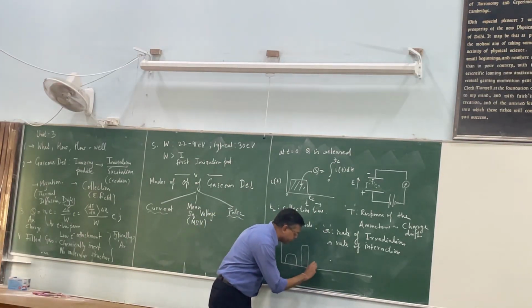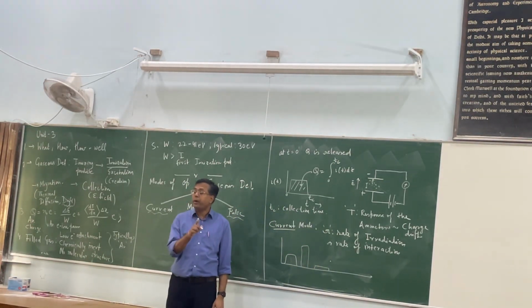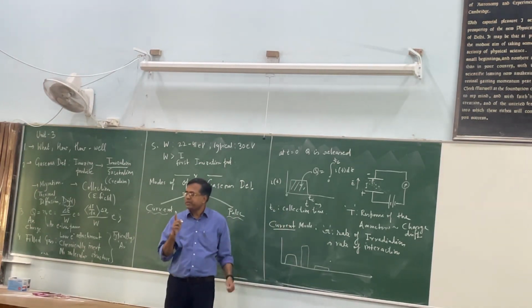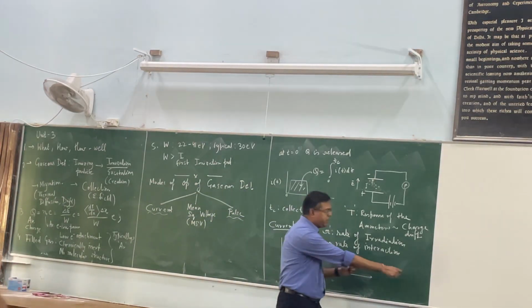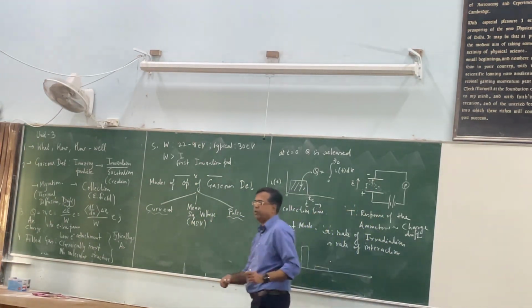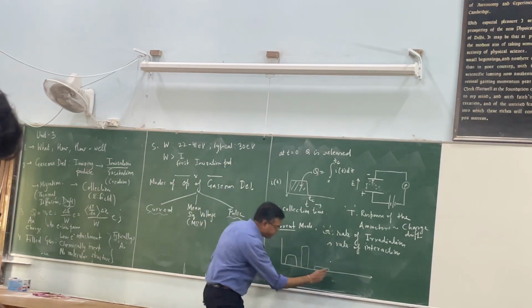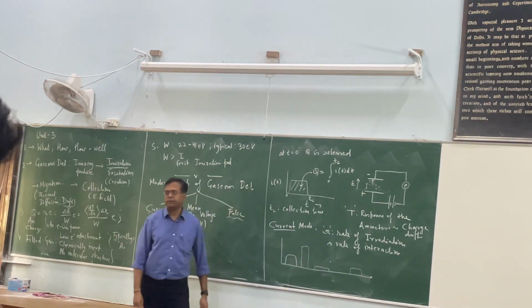Another may be doing this. This is pulse to pulse variation. When I say average charge is released, it means I am averaging over a very large number. But what is happening in the detector is something like these.